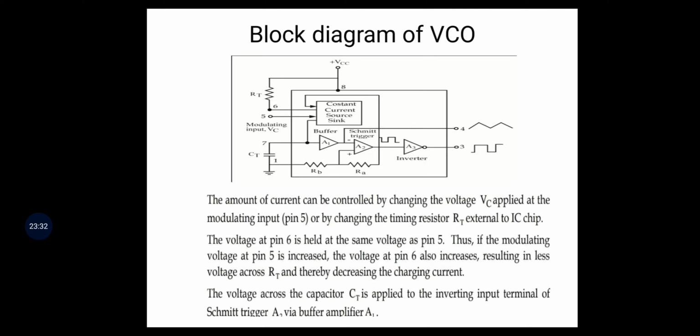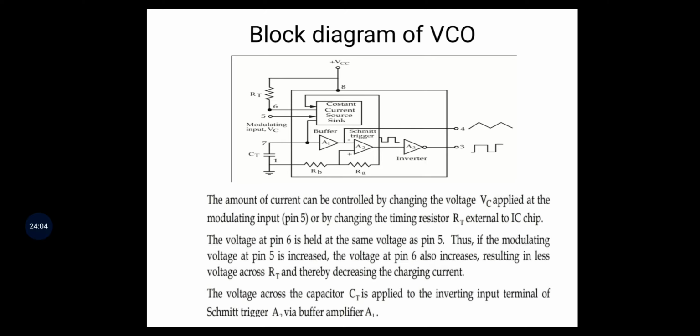The different blocks are the constant current source, buffer, Schmitt trigger, inverter, and there are RT and CT, and the two resistances RA and RB.